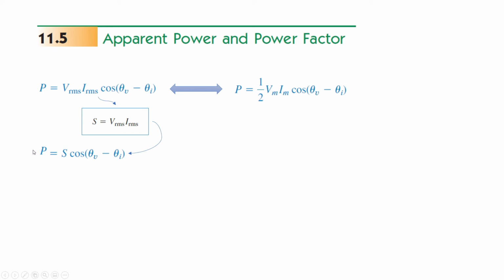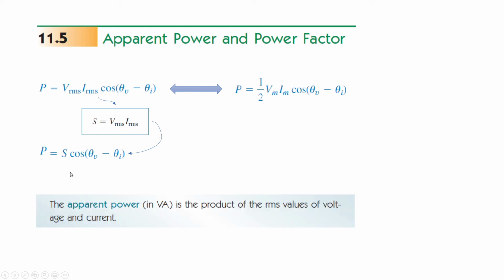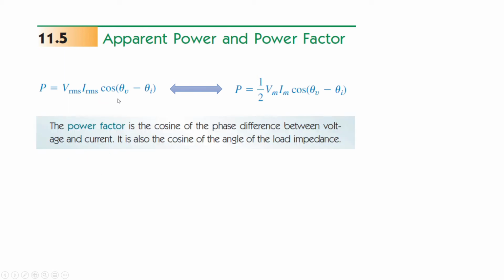We write this average power as a function of apparent power S, like this, where this factor cos theta V minus theta I is the power factor, and it is the cosine of the phase difference between the voltage and current, and it is defined like this using average power and apparent power.